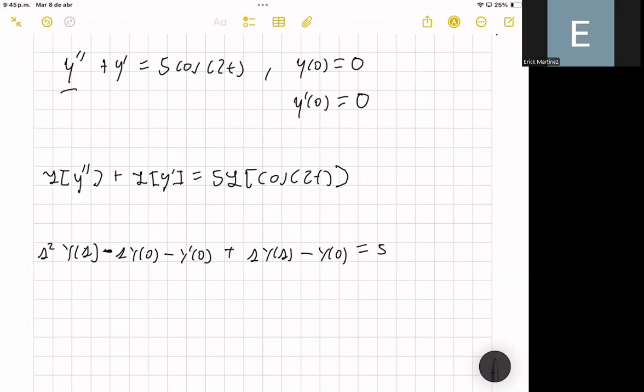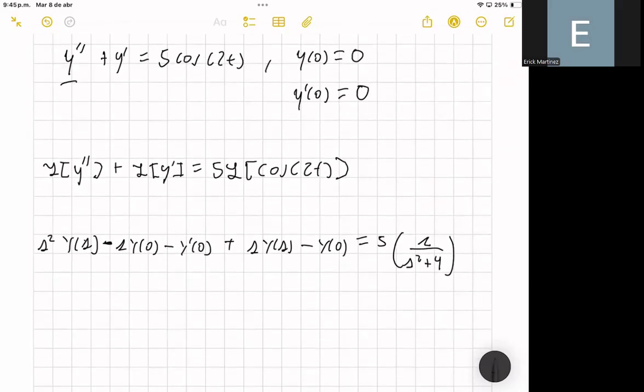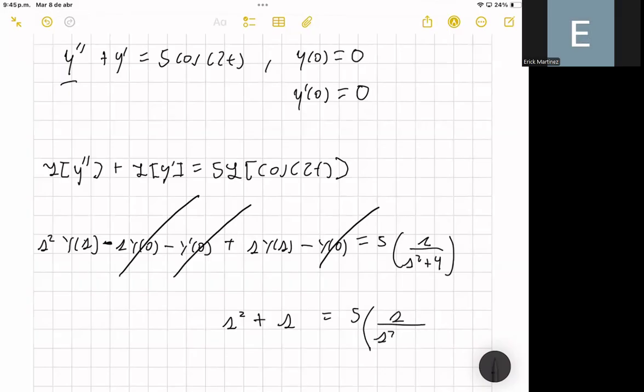But we know that the Laplace transform of a cosine function is s divided by s squared plus omega squared, that in this case omega is equal to 2, so we have a 4. And here we know that these initial values are equal to 0, so we can remove them and you will obtain the following. You will have s squared plus s, all multiplied by y of s, equal to 5 times s divided by s squared plus 4.